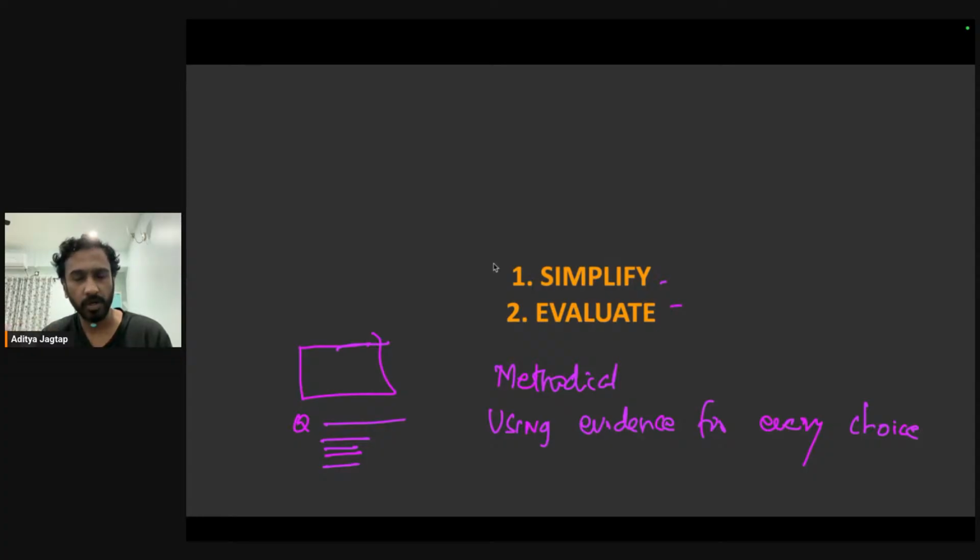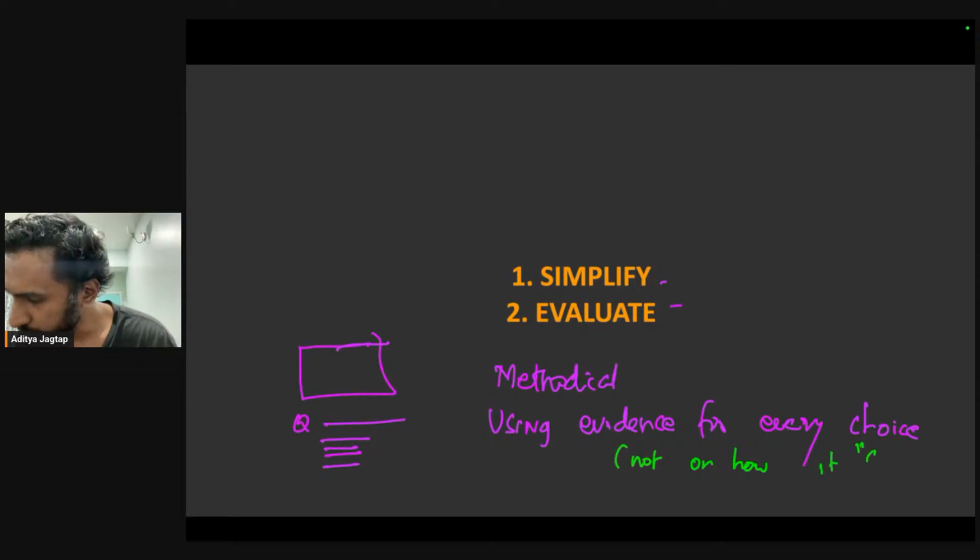This could be picking one option over others, etc. Always use evidence and not how it sounds. This is not really a good approach for any choices that you would make in the exam. Okay. So being methodical, using evidence for every choice.